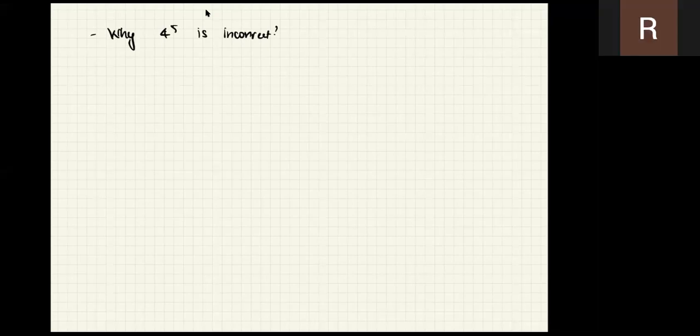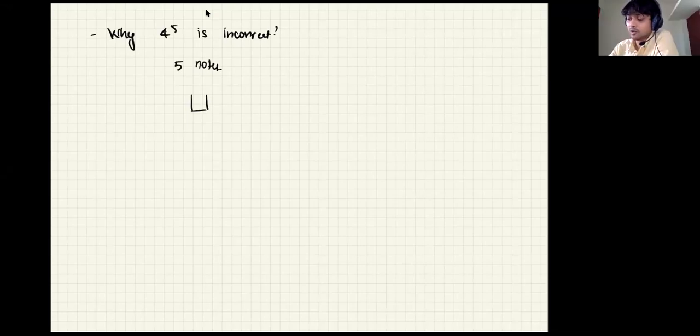We don't want an order, I think. That's why. So let him explain. So 5 notes we have to choose. The first note can be chosen in 4 ways. Any of the 4 denominations can be chosen, right? And the same goes for the second, third, fourth, every note. So now you understand the other comment just made.